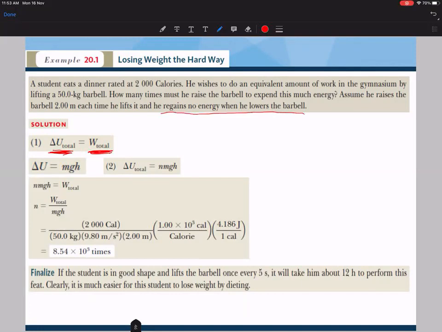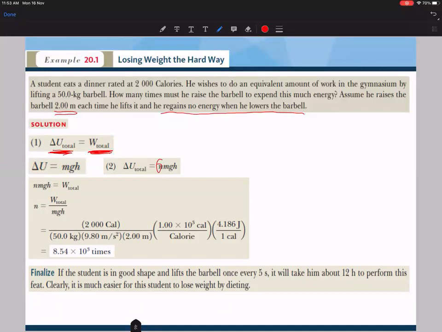Well, for example, he just drops it, and so therefore he's not retrieving any of the energy. So mgh, m is the mass, g is the acceleration due to gravity, h. Here we assume this is a very tall boy raising a barbell by 2 meters. And altogether, he has to do it n times in order to consume all the 2,000 calories of energy.